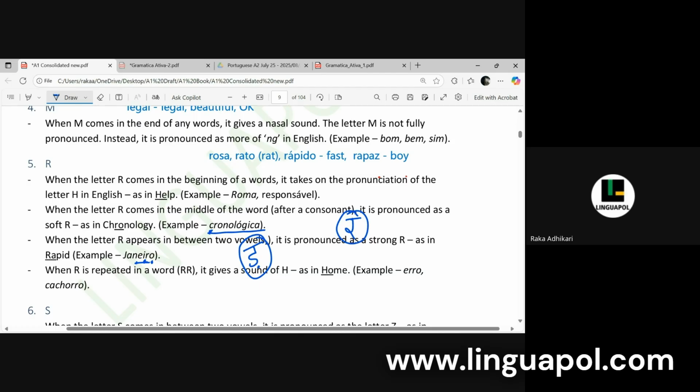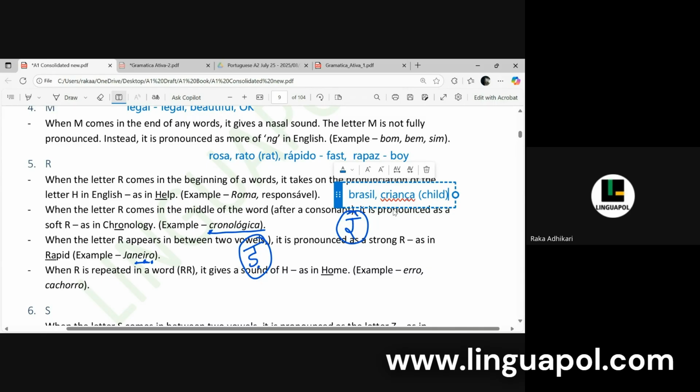So let's see more words like this. For example, common words. First of all, you just read Brasil. We don't say Brasil, it's Brasil. Then, for example, children, or a child, is called criança.